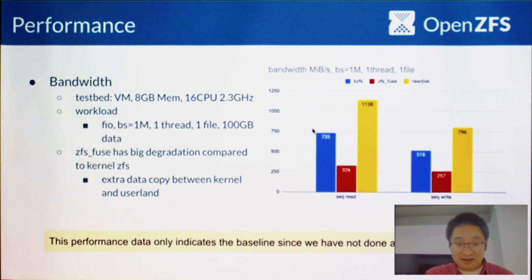Compared with the kernel ZFS, it still has a big degradation there. The common reason is that it obviously needs extra data copy between kernel and userland. So as I said before, this data just indicates what level we could currently get with FUSE.